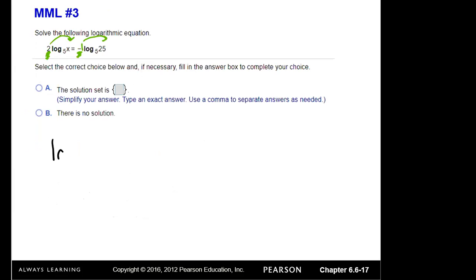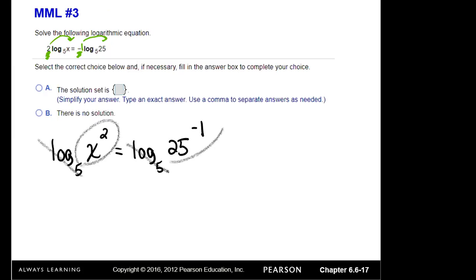So this is going to be log base 5 of an x to the second equals log base 5 of a 25 raised to the negative 1. And now I've got log base 5 of this equals log base 5 of that. And I can just drop the log base 5s and set these two things equal to each other.